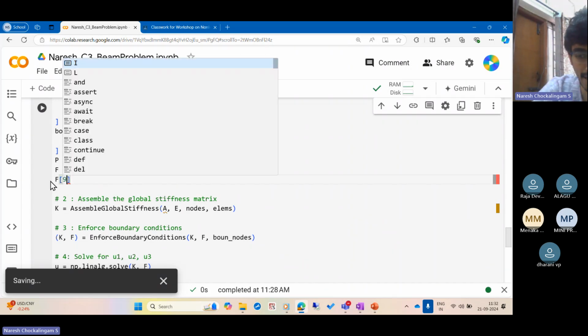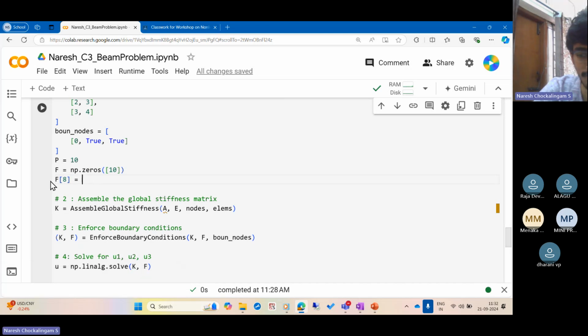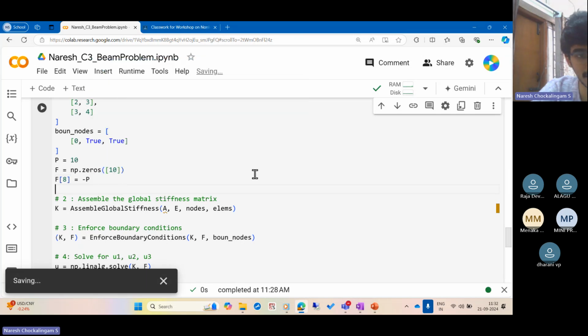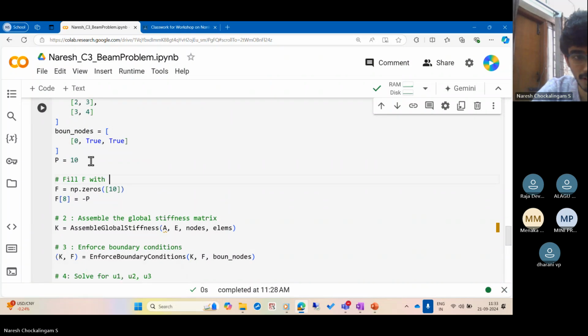Now f of 8 is minus P. That's okay, right? Instead of typing all the zeros, I'm just filling f with zeros first, then modifying one entry.